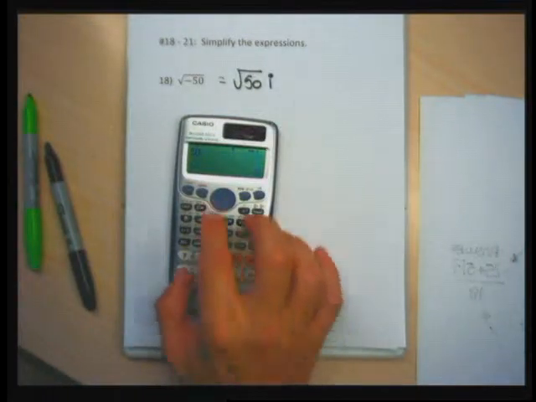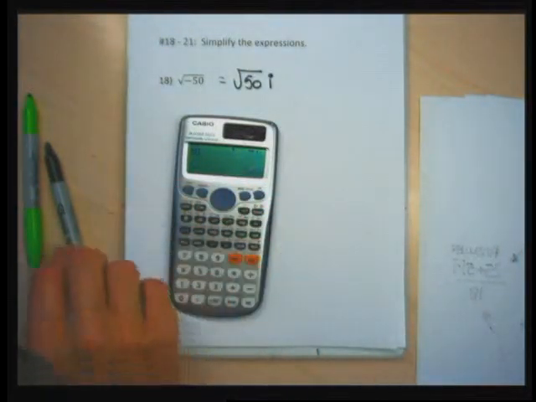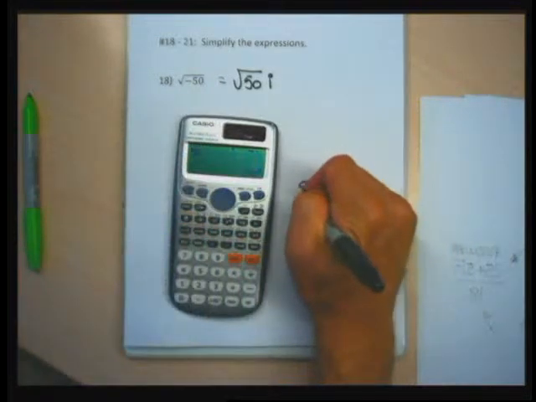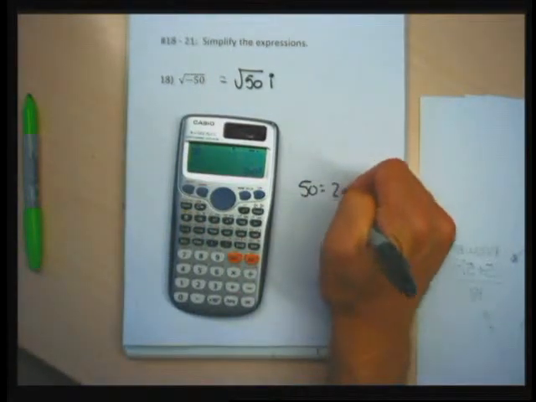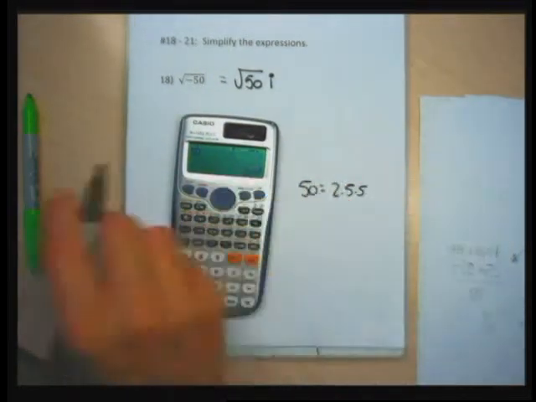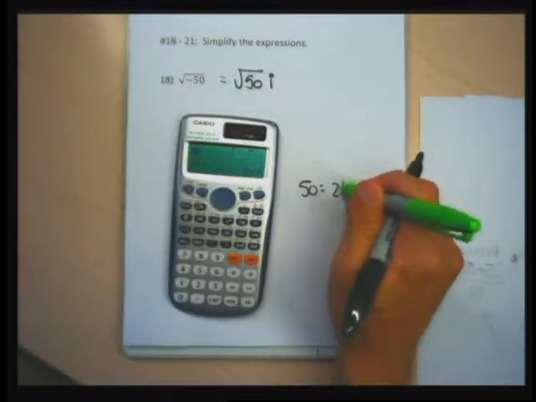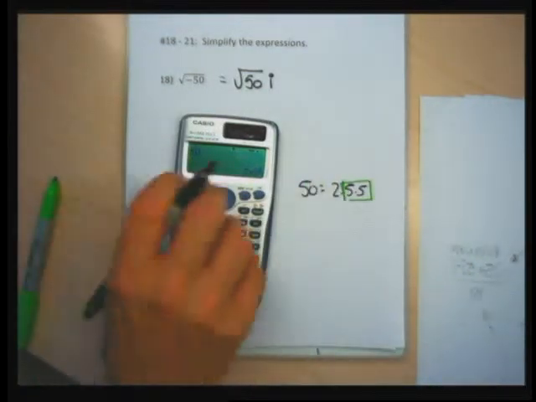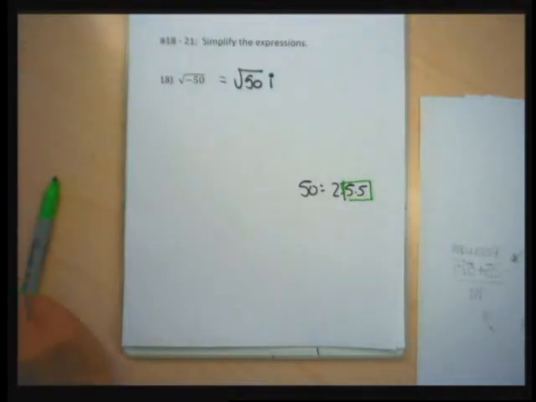So 50 equals shift factor tree. 50 in its prime factoring is 2 times 5 times 5. So the square root of 50 is going to reduce. We'll have a 5 outside the radical and a 2 under the radical.